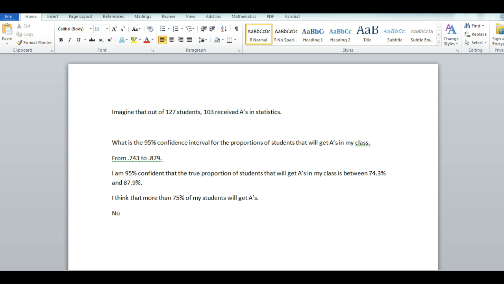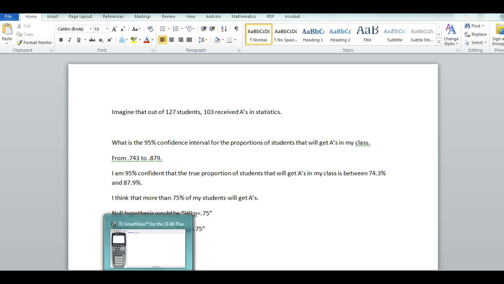So in this case, my null hypothesis, H naught, is that the proportion is equal to 75%, and I'm going to try to find evidence of the alternative, HA, which is P is bigger than 0.75.